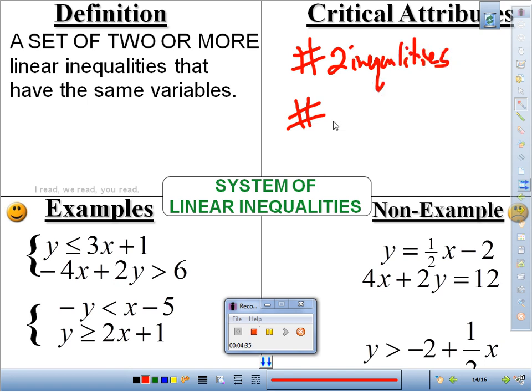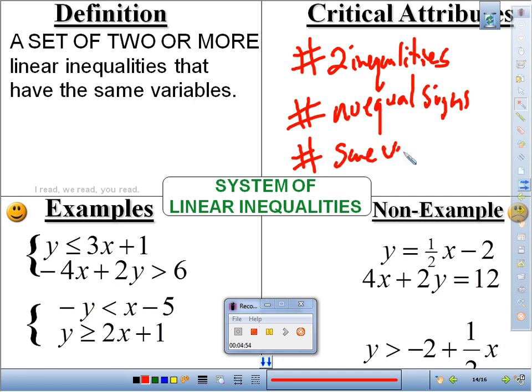You got another? No equal signs. One more? What else makes a system of linear inequalities? Same variables. We good? Yeah? All right.